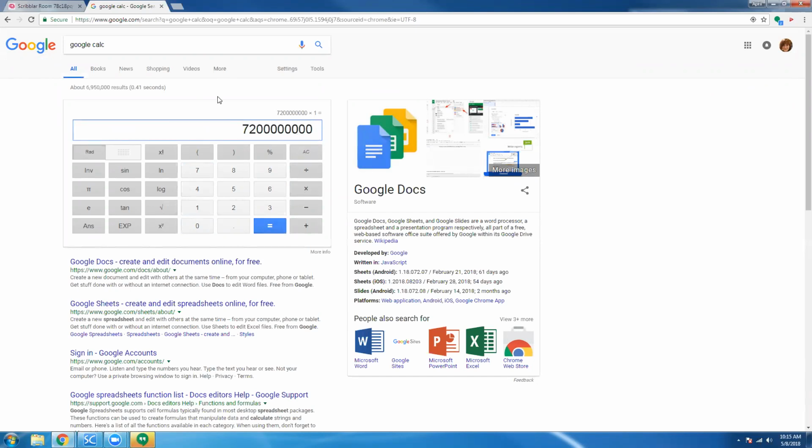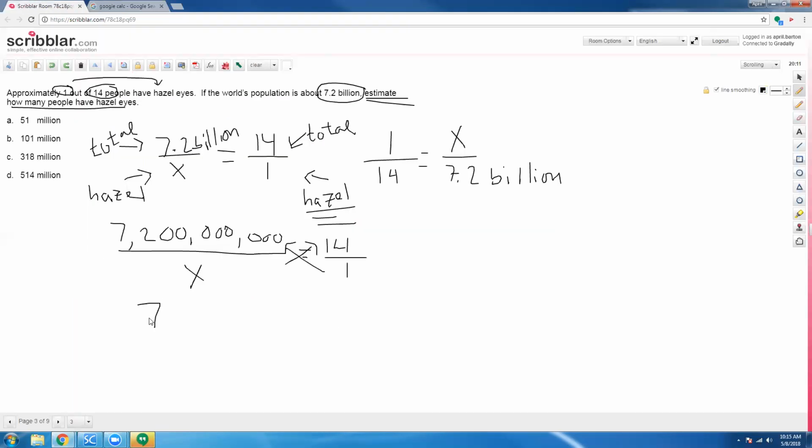You multiply by 1, still got that big long number. And we cross multiply in the other direction, x times 14. I usually write the number first, 14 times x. It's just easier because we see it this way more often.